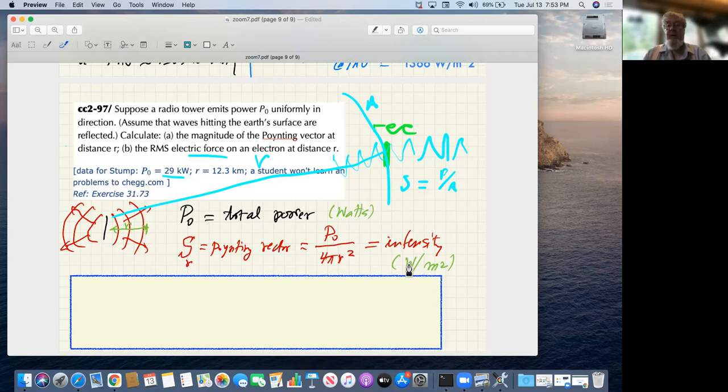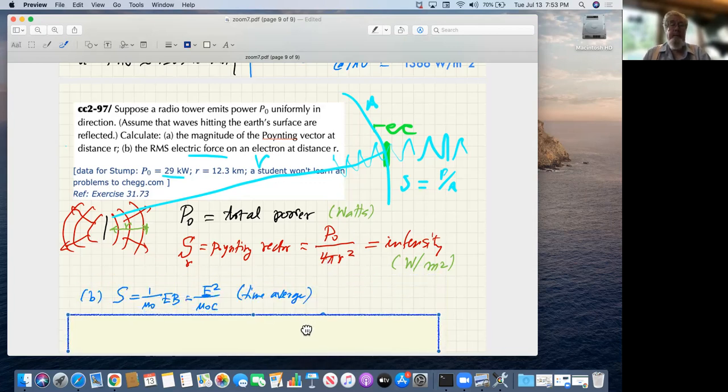So that's the intensity. That's watts per meter squared. So part A is pretty easy. You just take 29 kilowatts divided by 4 pi times 12.3 kilometers squared. And that'll give you S. So now you have S.